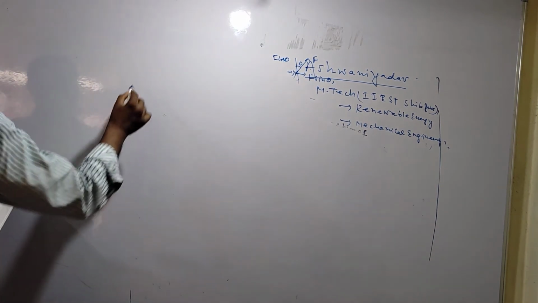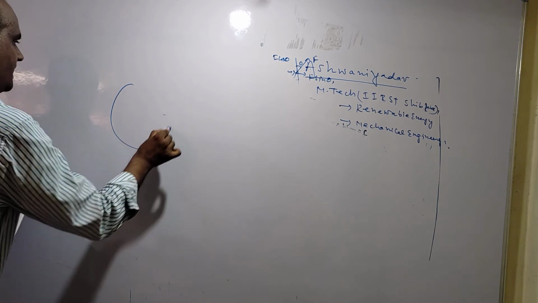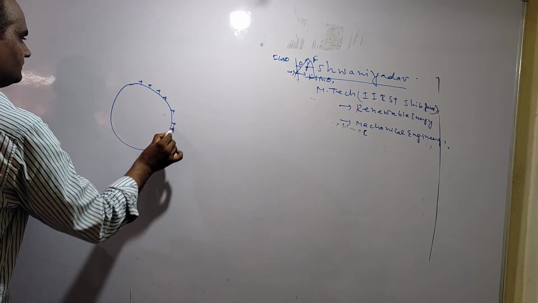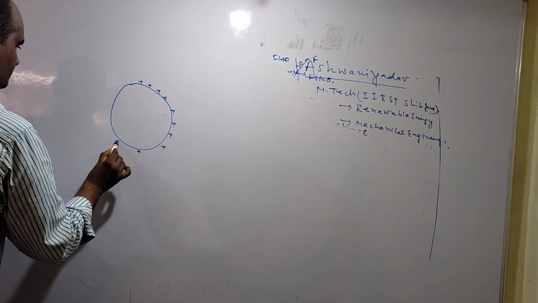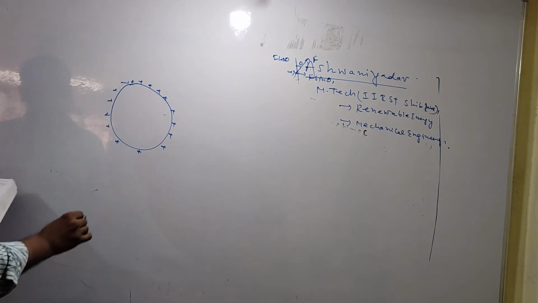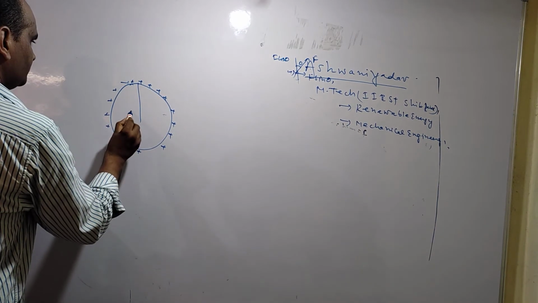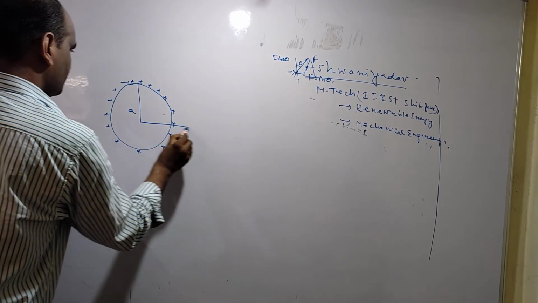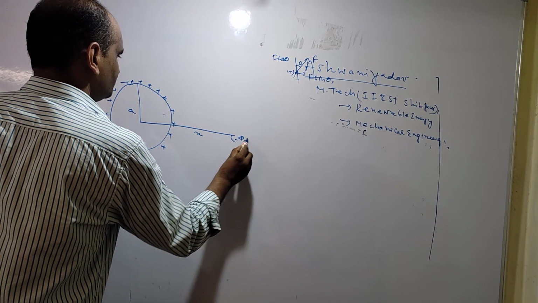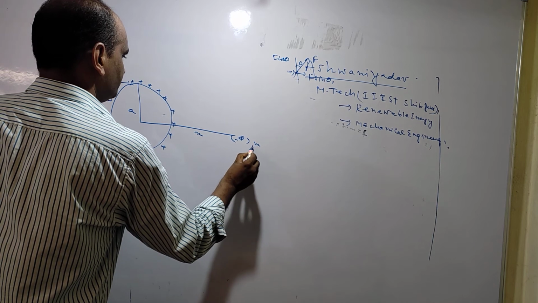Well, we have this ring of radius a, and this distance is x. This is minus q charge having mass m.